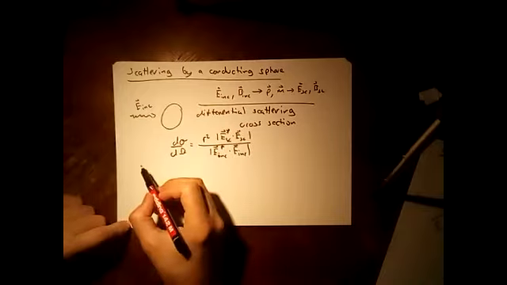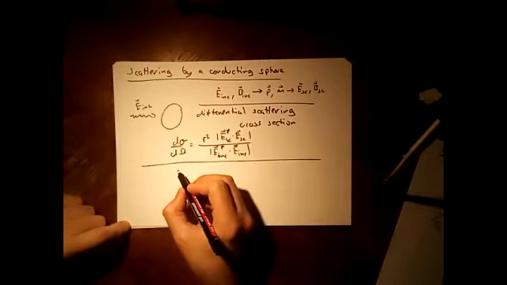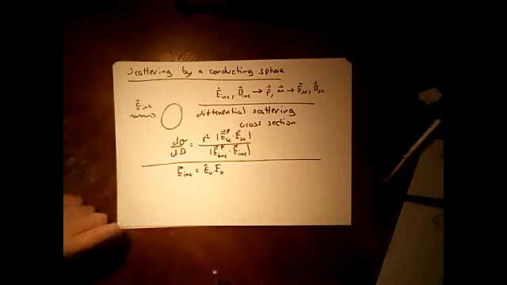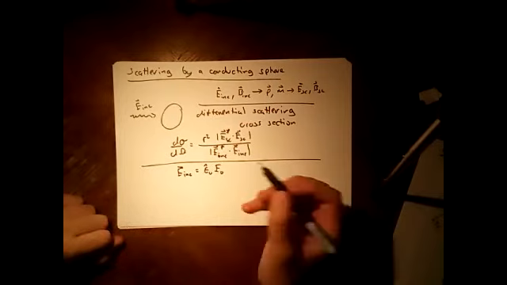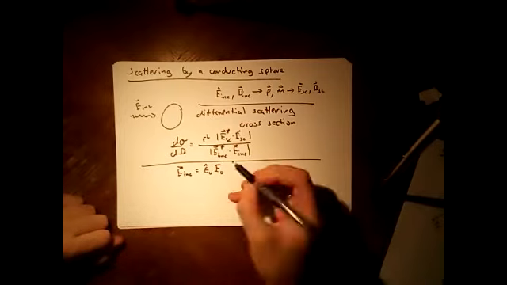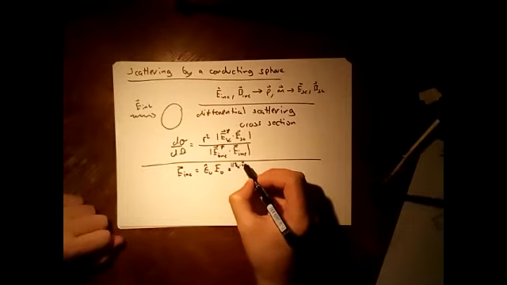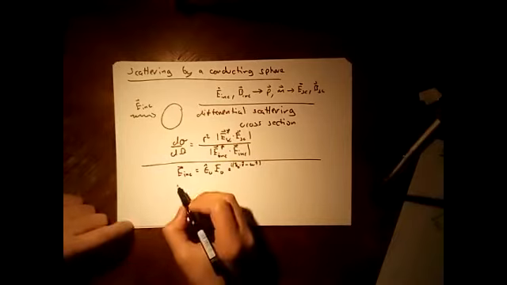Okay, and I'm going to take E incident to be of the form some polarization direction, some magnitude E0. Then I can attach another formula, but that's not going to matter much: e to the i k0 dot r minus omega t, if you want.